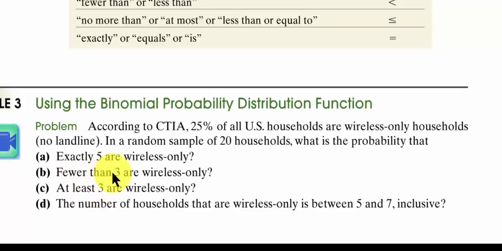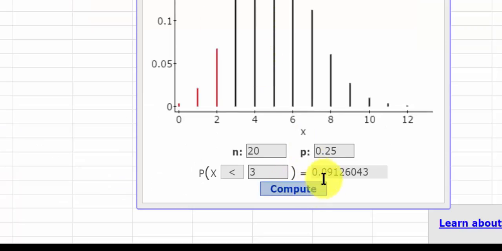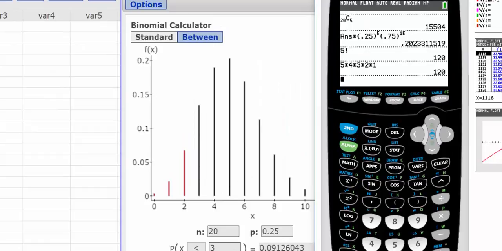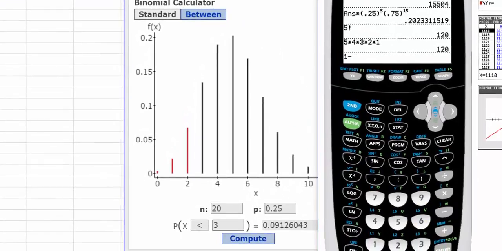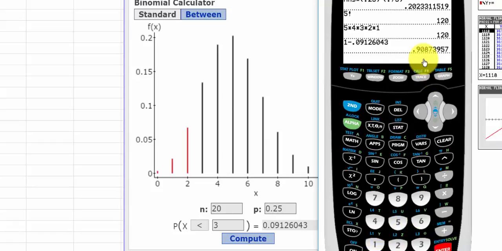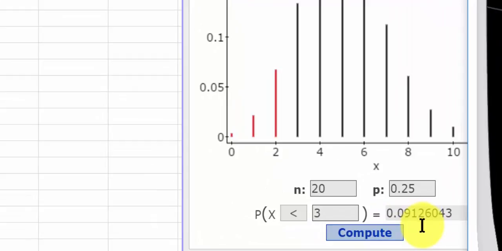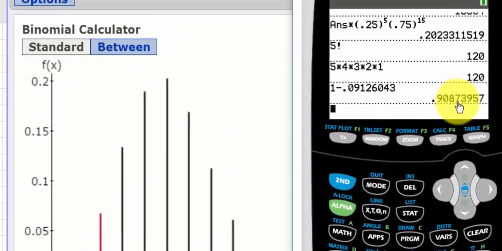So if fewer than 3 came out to this 0.912, if I were to subtract, let's use my calculator, 1 minus 0.09126043, that would give me the rest of the probabilities, right? So the probability of fewer than 3 was 0.0912. Probability of greater than or equal to 3 would be 0.9087.